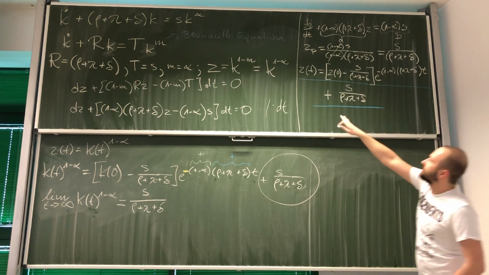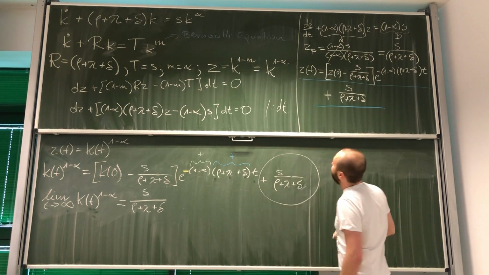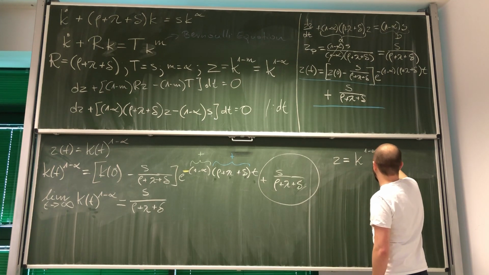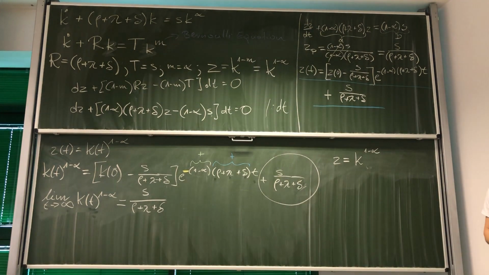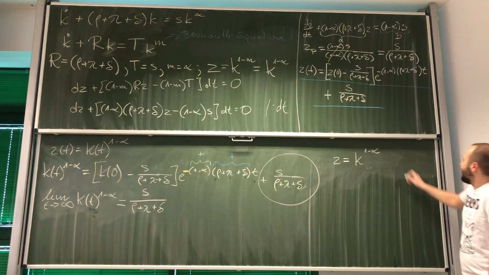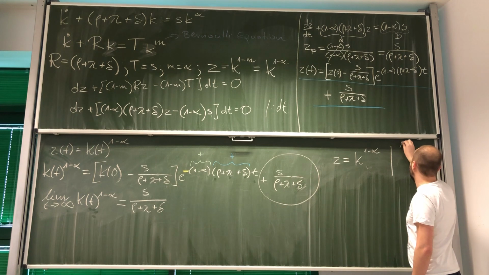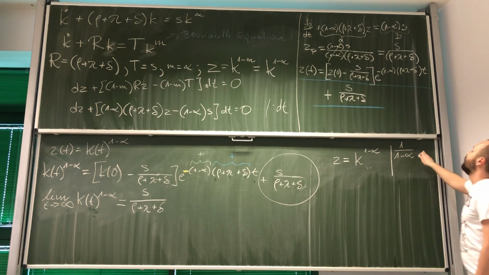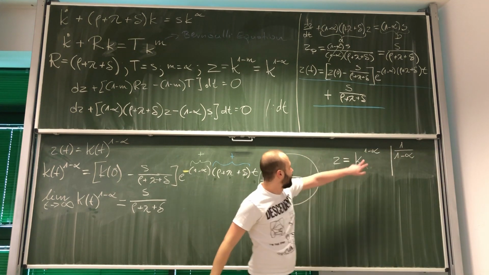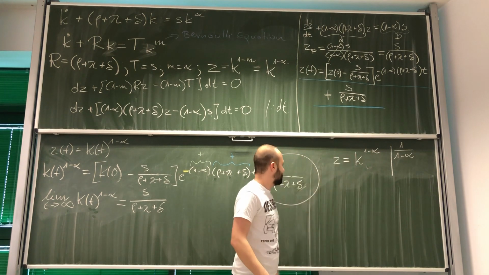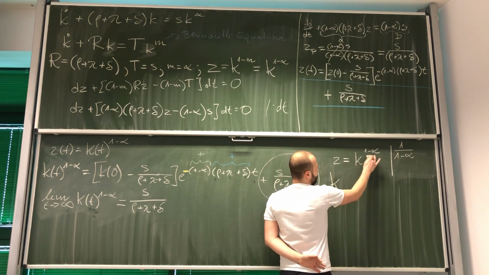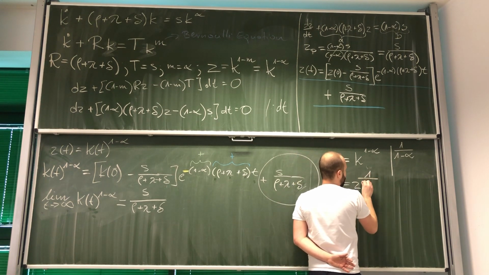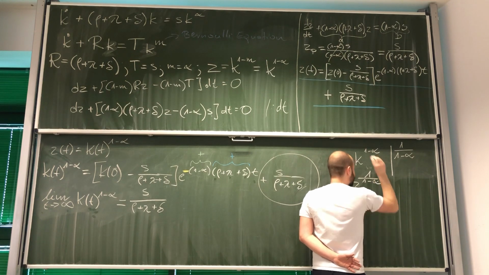Well, look, we just need to solve this very simple equation for k. We got that z is equal to k to the power 1 minus alpha. So if I want to solve it for k, what do I need to do? Well, I need to take both sides of this equation to the power 1 over 1 minus alpha, right? When we take to the power both sides, we multiply the exponent. So we get that this would be 1, and we got that this is z to the power 1 over 1 minus alpha.